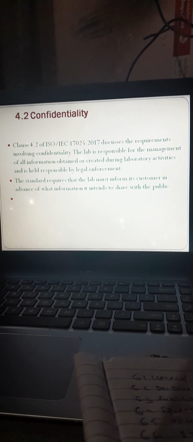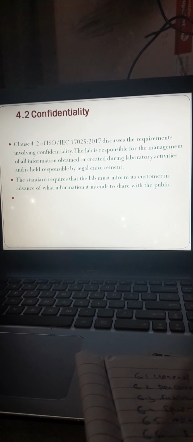The lab is responsible for the management of all the information obtained or created during the laboratory activities and is held responsible by legal enforcement. The standard requires that the lab must inform its customer in advance what information it intends to share with the public.